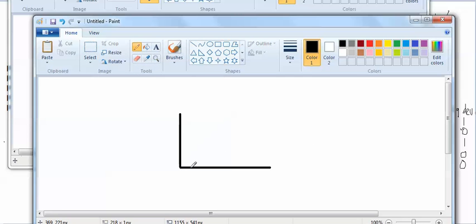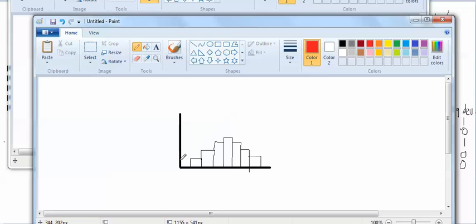I'm going to try to roughly draw the shape of a bell-shaped curve in a histogram. This actually isn't perfect, but it's close enough.